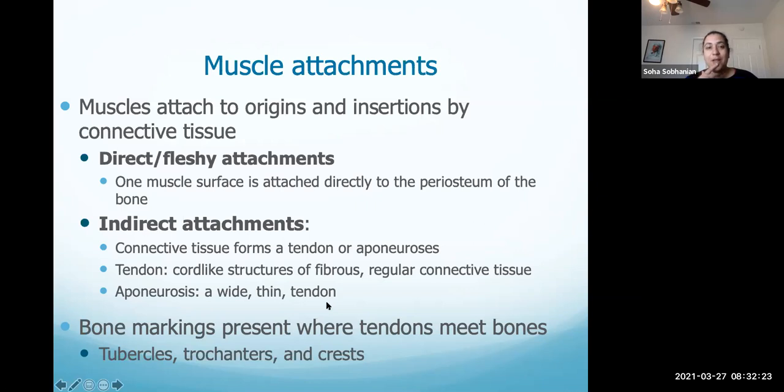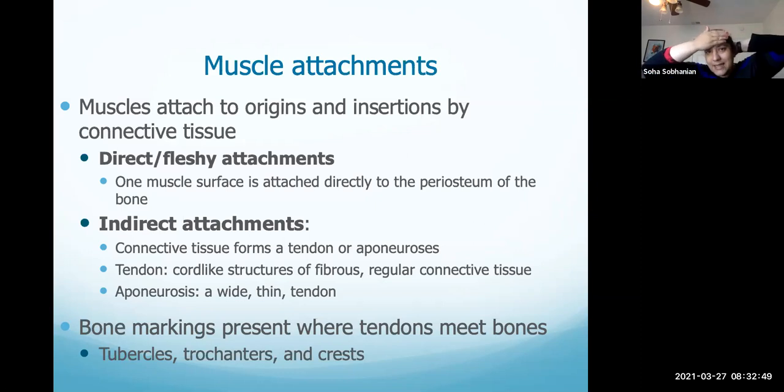I'll give you an example of an aponeurosis. If you look at the top of your skull, which is typically where your parietal bone is, you actually don't have any muscle up here on top of your head. What you have is a muscle right here called frontalis, and a muscle in the back of the head called occipitalis, basically a muscle on the frontal bone and the occipital bone.